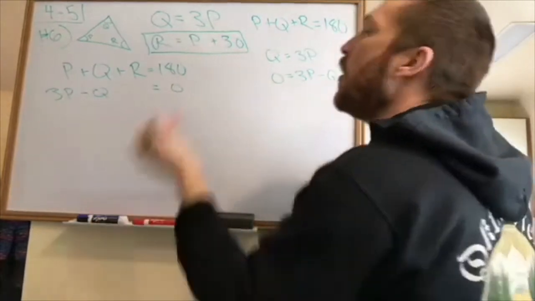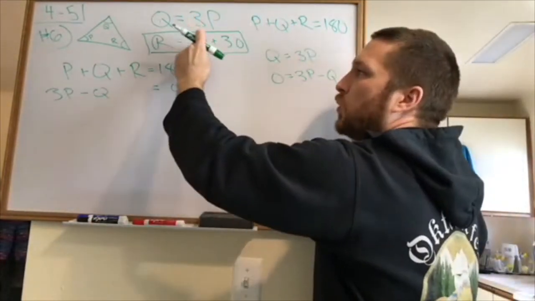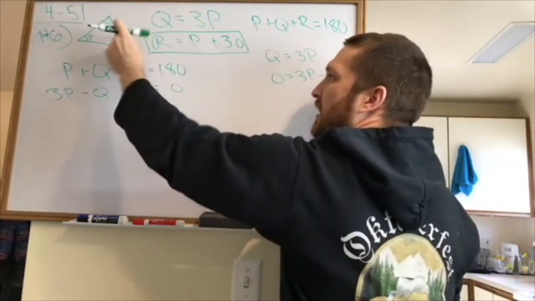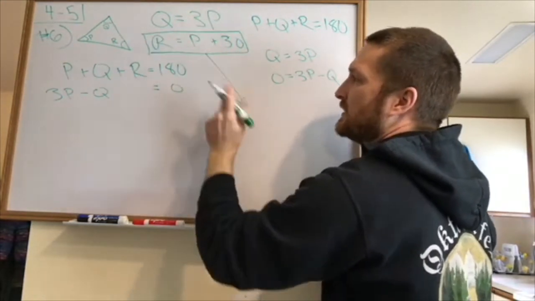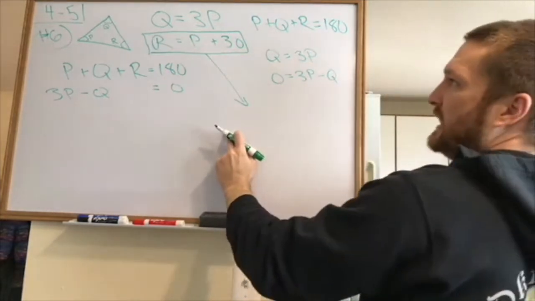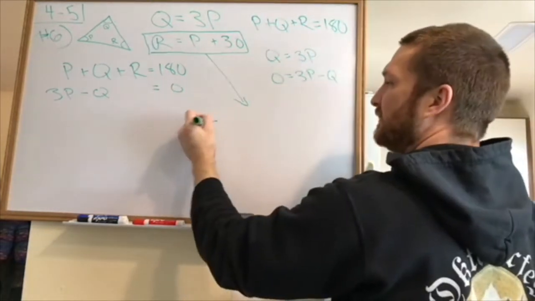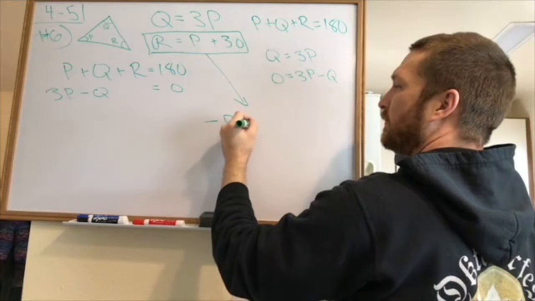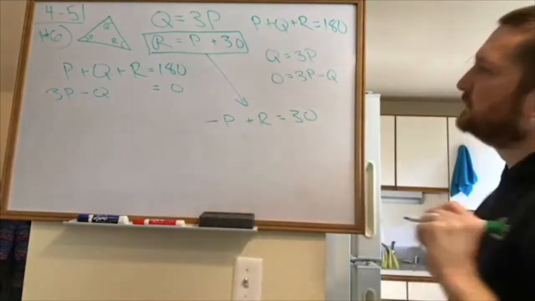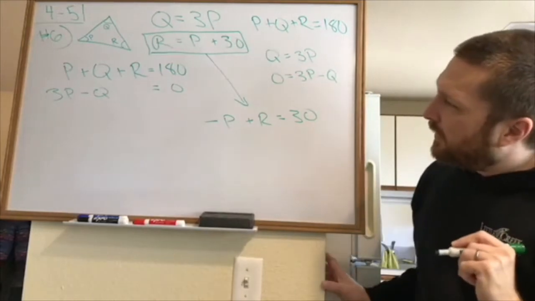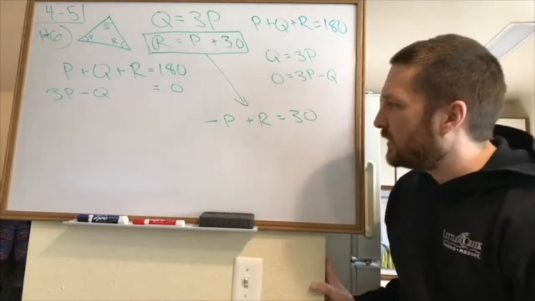Or I could just move this one guy over to there and keep that guy there. And I think that's what I'm going to do. Taking my P over to that side would give me a negative P plus R equals positive 30.